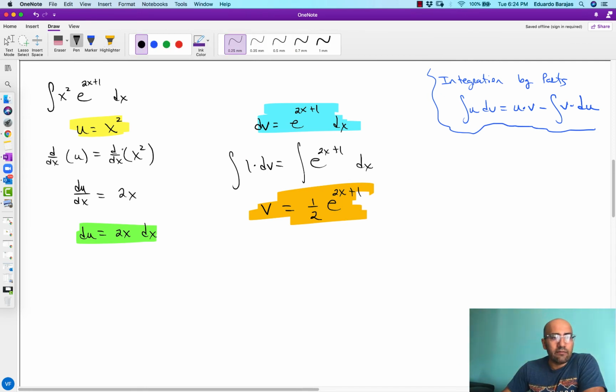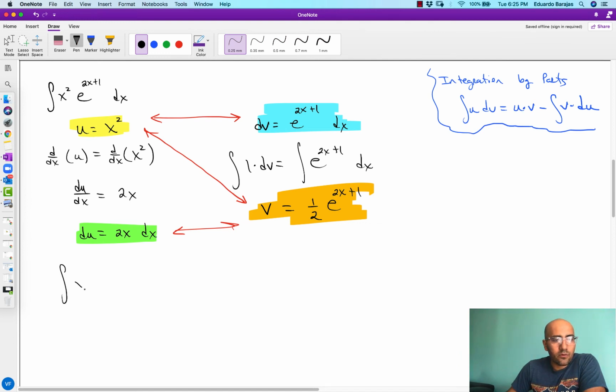Okay, so now I very carefully replace those values into this formula. The left side of this is the integral of u dv, and that is equal to the multiplication of these two functions minus the integral of these two functions. So let me copy it again.